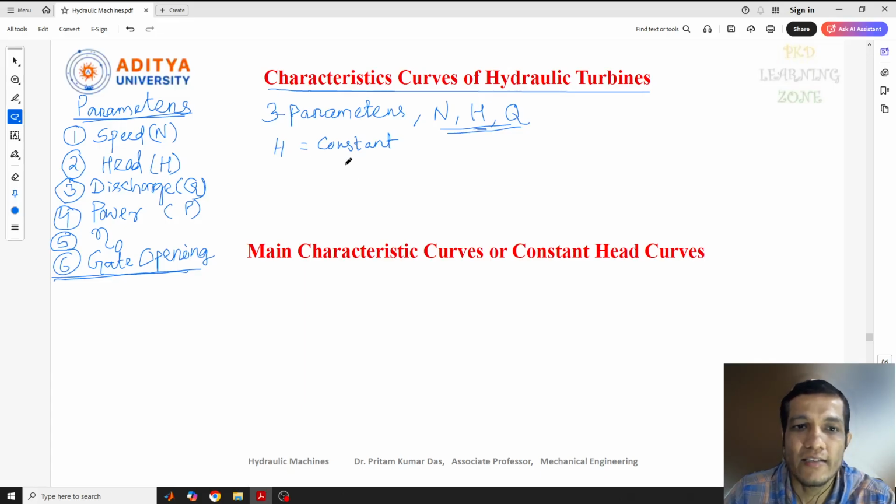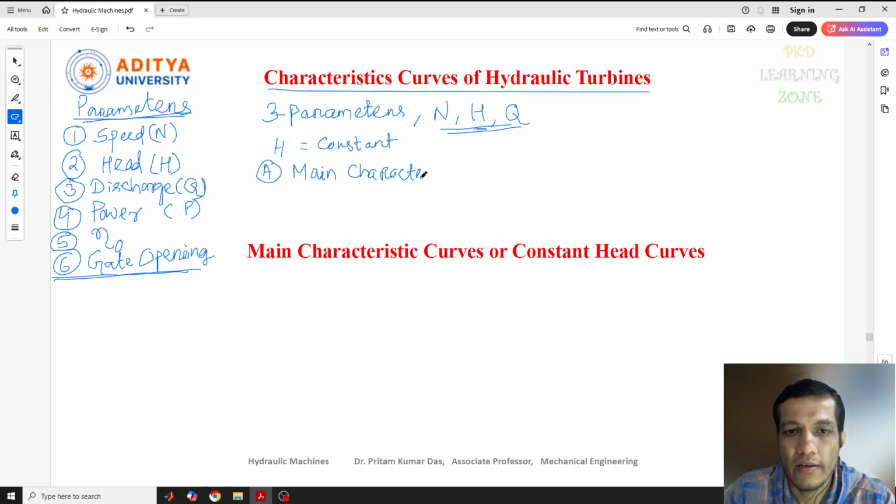These characteristic curves are categorized into three types. The first one is called the main characteristics curve, which we can also call the constant head curve.